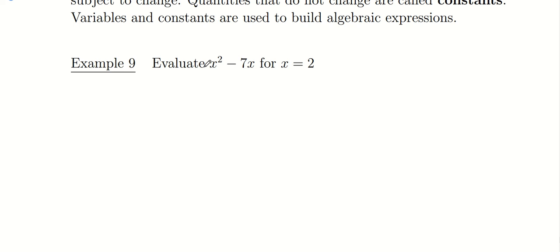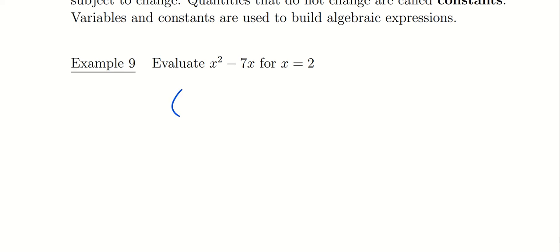For example, if we're asked to evaluate the expression x squared minus 7x for x equals 2, what this means is everywhere we see an x, we're going to replace it with the number 2. After replacing the variable with its number, we're then going to perform the order of operations to evaluate and figure out the value of the expression.